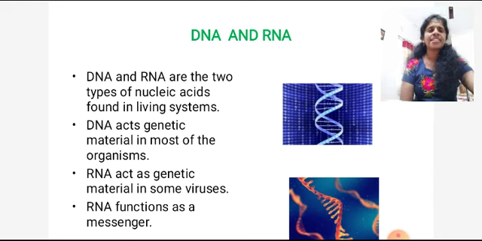DNA acts as the genetic material in most living organisms. It transmits heredity from the parents to the offspring. But RNA is the genetic material in some viruses. The main function of RNA is that it acts as a messenger.